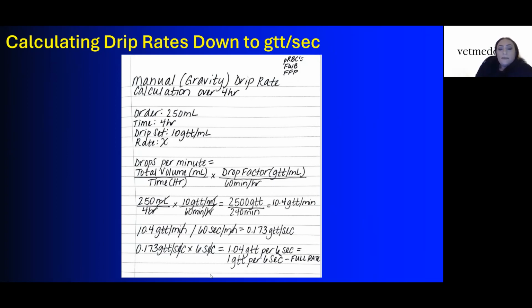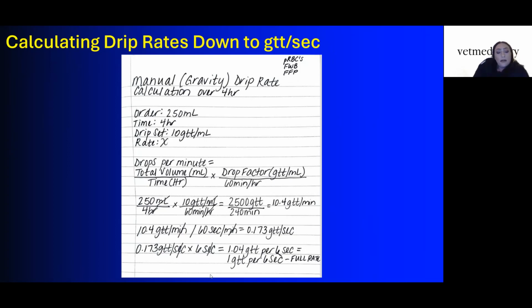So drops per minute equals total volume in mils over time in hours times the drop factor in GTT, or drops per mil, divided by 60 minutes an hour. So we want to go ahead and plug in the givens into this equation. So 250 mils over 4 hours times 10 drops per mil divided by 60 minutes an hour.